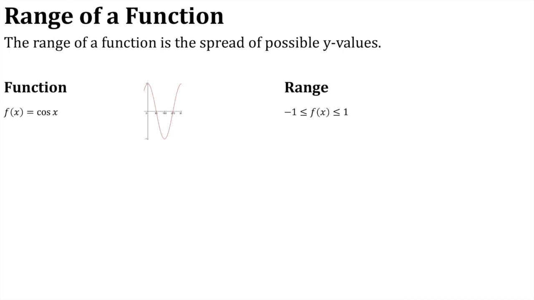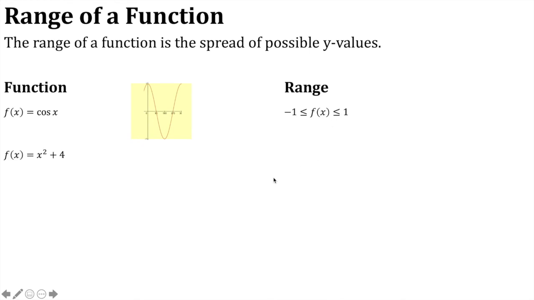So here's the graph of y equals cos x lying between 0 and 360 degrees. And you can see that the graph lies between -1 and 1. So the minimum value is -1 and the maximum value is 1. So that's why the range is what it is.